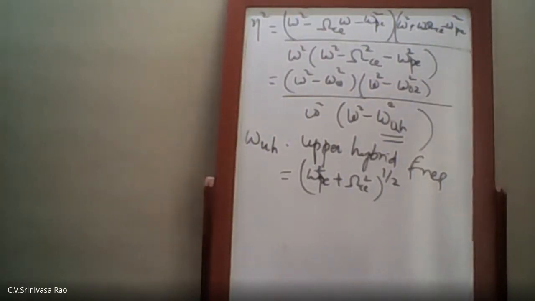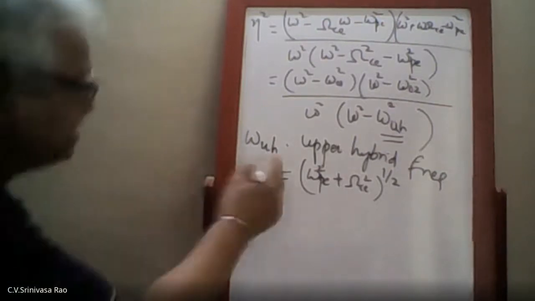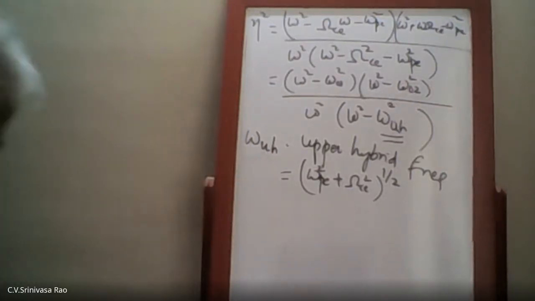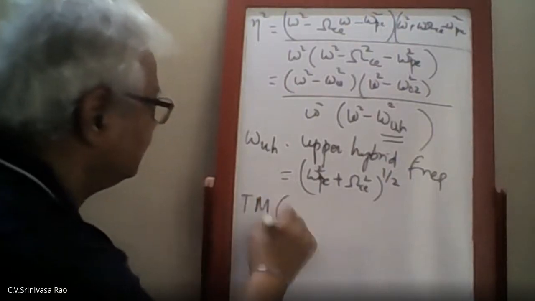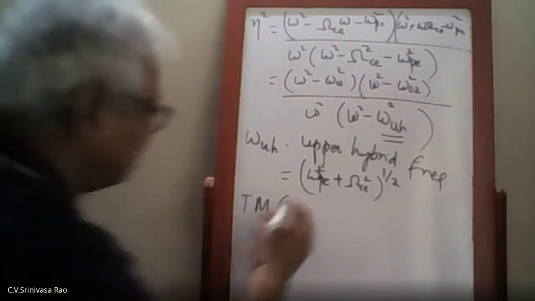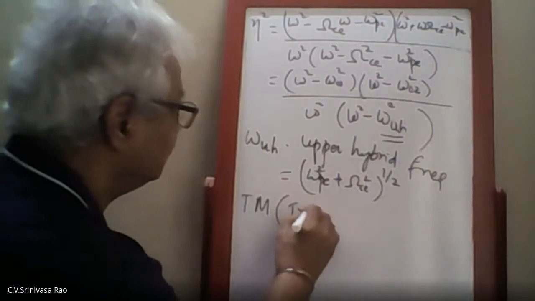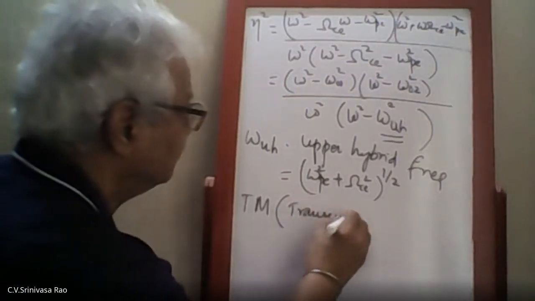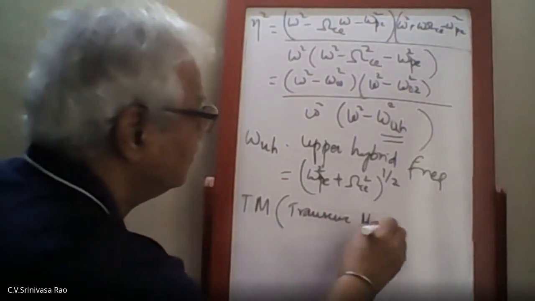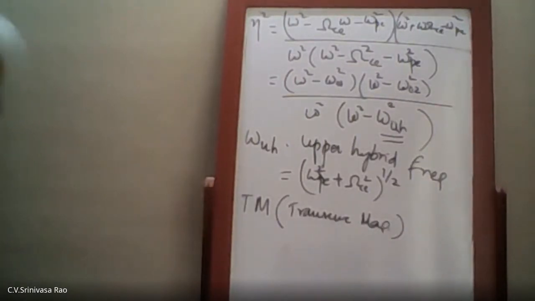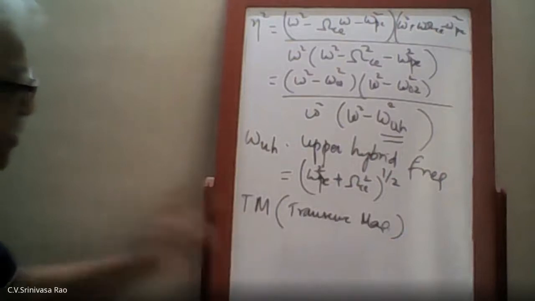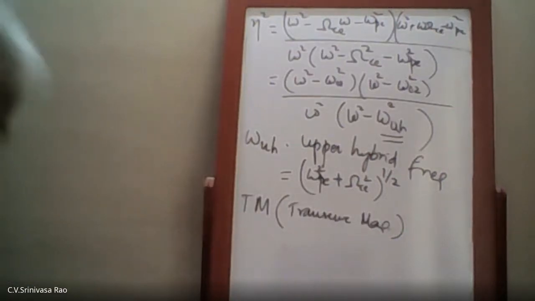So this extraordinary mode is also called TM mode, because of transverse magnetic, because the magnetic perturbations of the mode are perpendicular to the wave propagation.